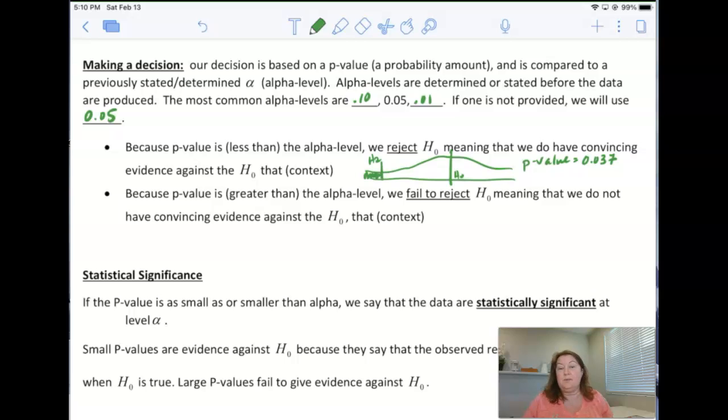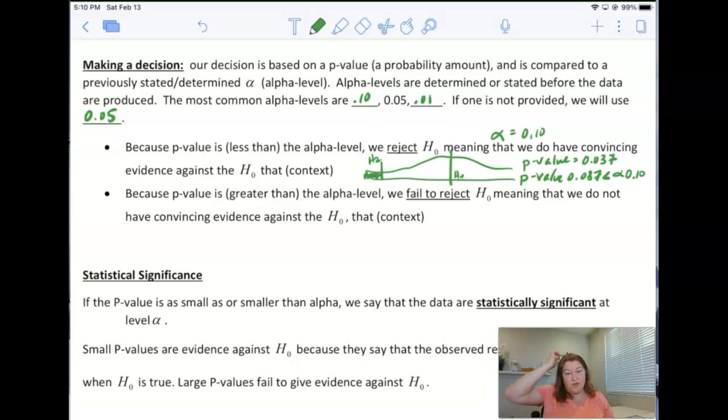So I'm going to make a comparison between the p-value and whatever the alpha level is that they gave us. Let's say we're working with an alpha level of 10%. So I would say that the p-value of 0.037 is less than the alpha level of 0.10.